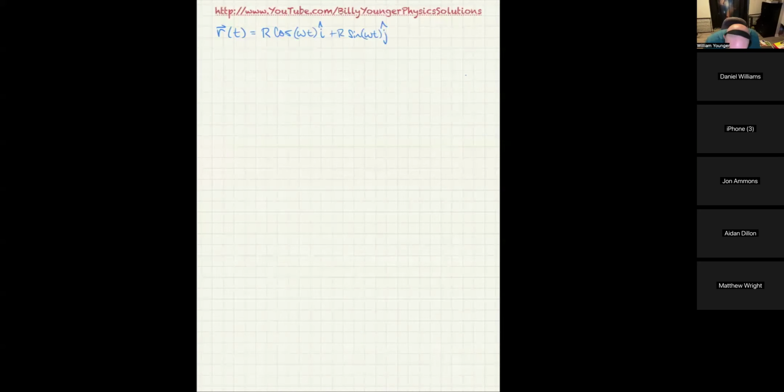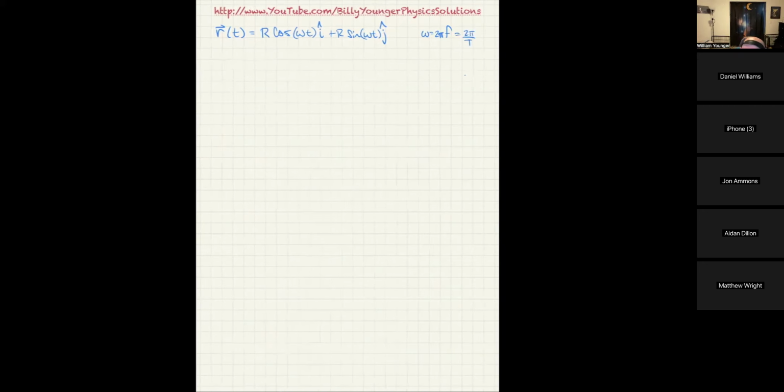Now, omega is equal to 2 pi times the frequency, but it's also 2 pi over the period, T.